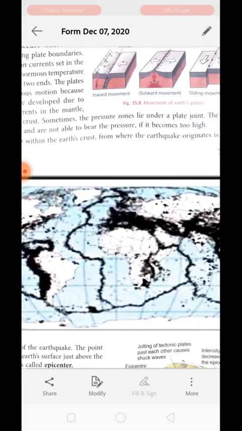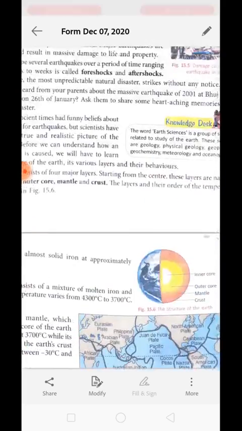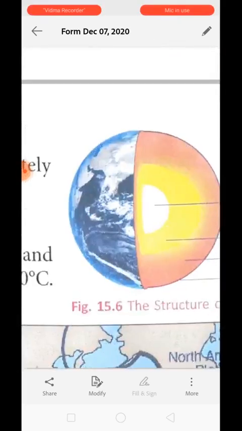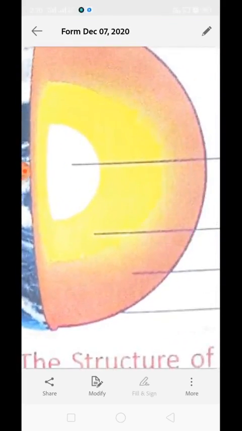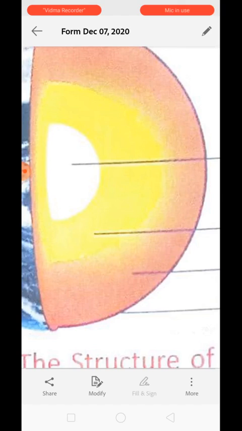Okay, huge convection currents set in the mantle due to the enormous temperature difference. As we know, the inner side of the mantle is closer to the outer core, and that is why the temperature of the inner mantle is about 3700 degrees centigrade, whereas the outer side of the mantle is near the crust region, at a temperature of about 50 degrees centigrade to minus 30 degrees centigrade.